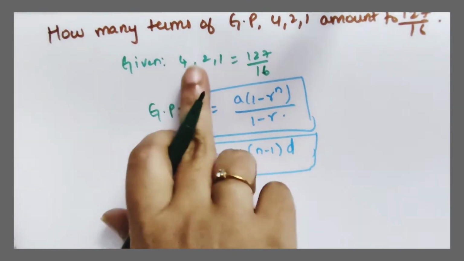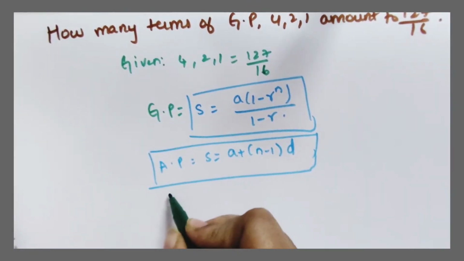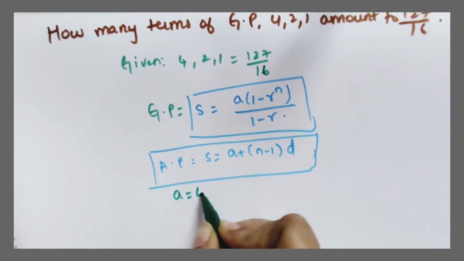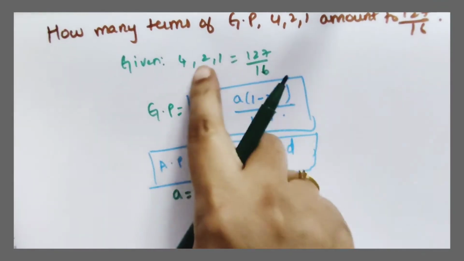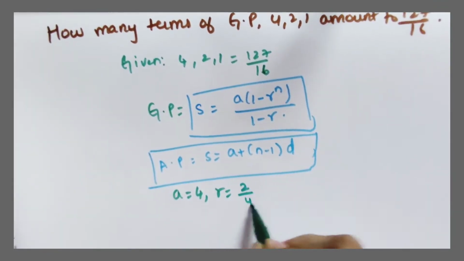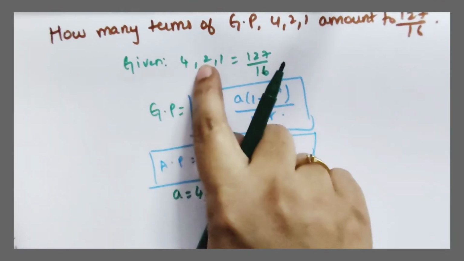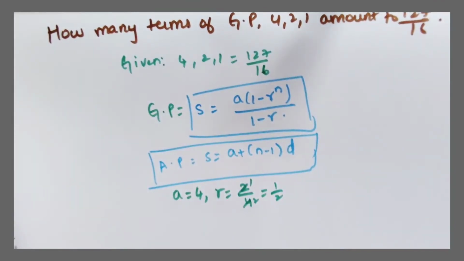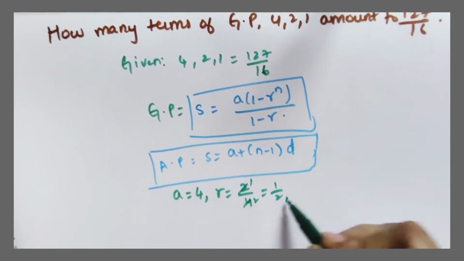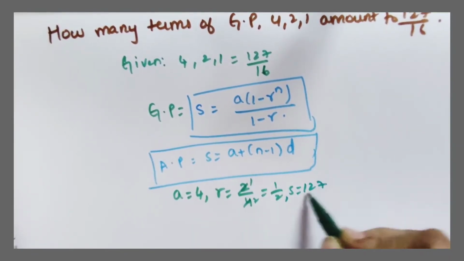Now we will see how to do this. From the given condition, first we'll write what all things we have. A is 4, R is 2 divided by 4, that is 1 by 2. Here also any two terms you can take. So R is 1 by 2 and the S value you have is 127 by 16.